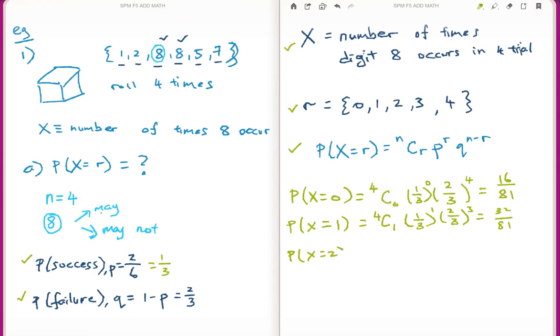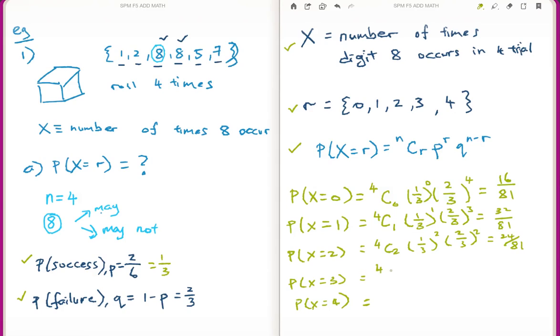What happens when X is 2? You work it out: 4 choose 2, 1 over 3 squared, 2 over 3 squared. The answer would be 24 over 81.